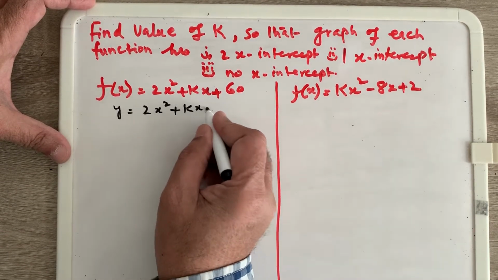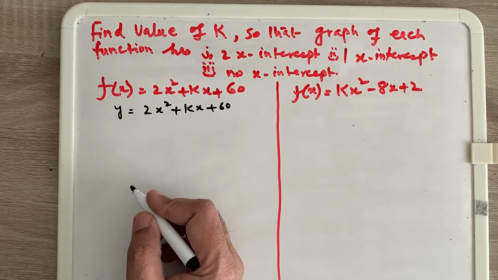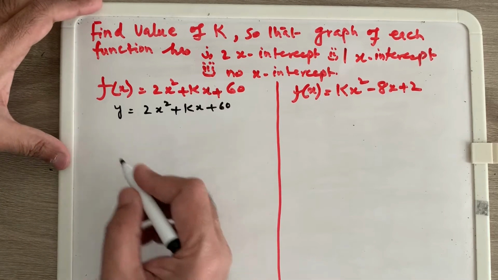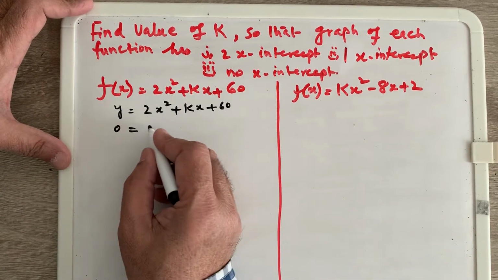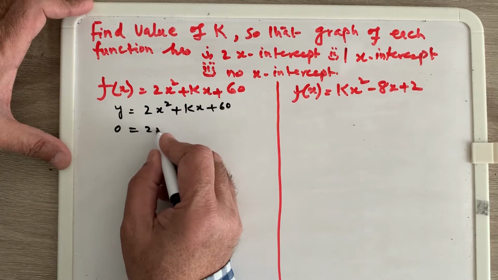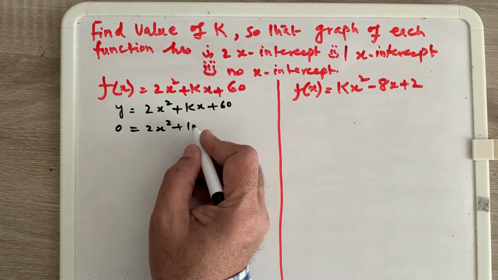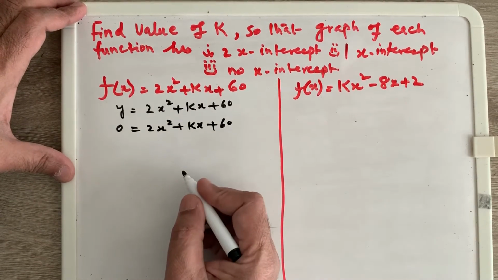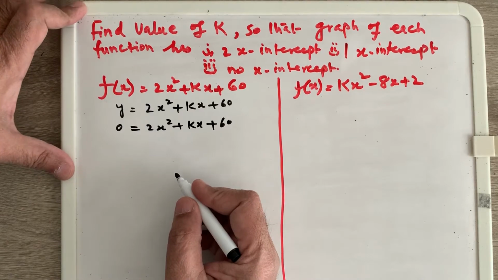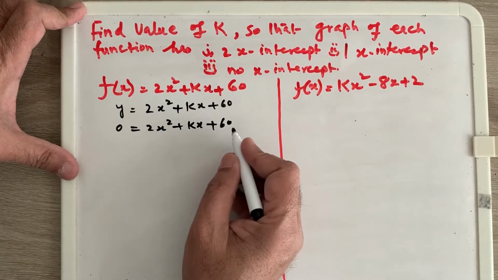So this can be written as y equals 2x square plus kx plus 60. And how to find the x-intercept? Put y equals 0. This is a quadratic equation where we can compare it with ax square plus bx plus c.